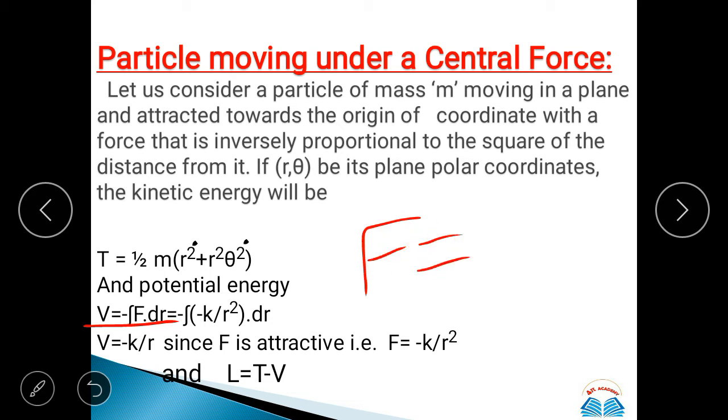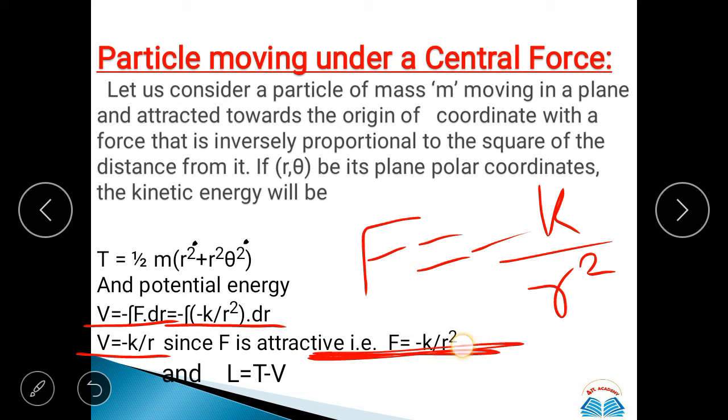Central force follows the inverse square law, so force is minus k upon r square. We are considering that only, so V equals minus integral of minus k upon r square dr. Now we get V equals minus k upon r. Since F is attractive, we get the minus sign.